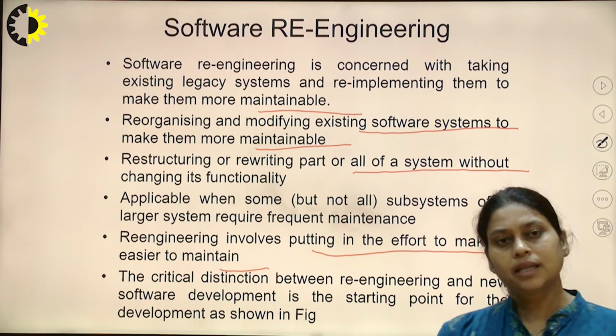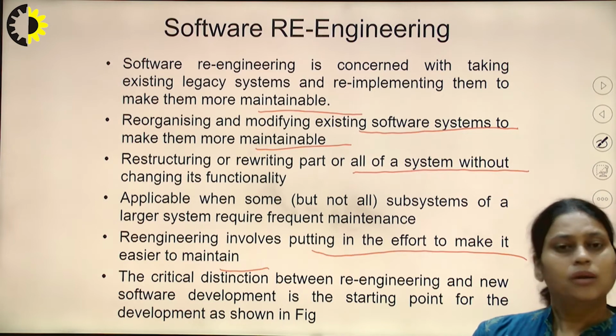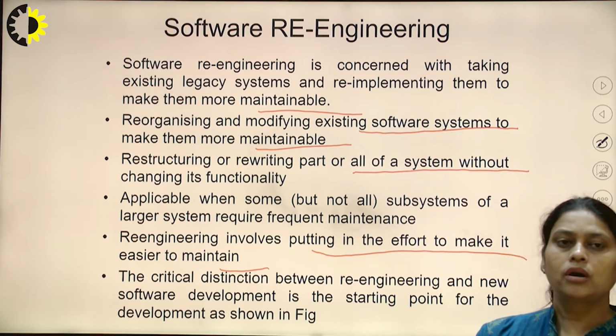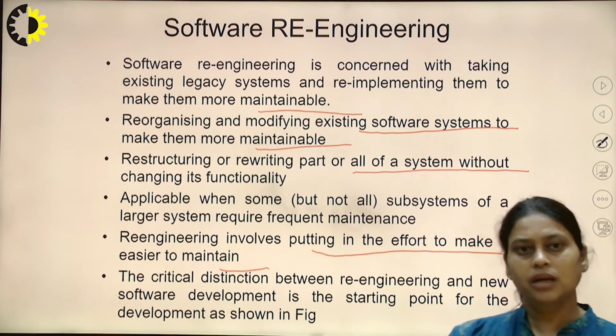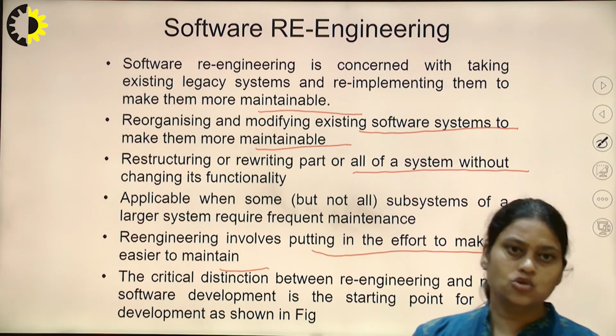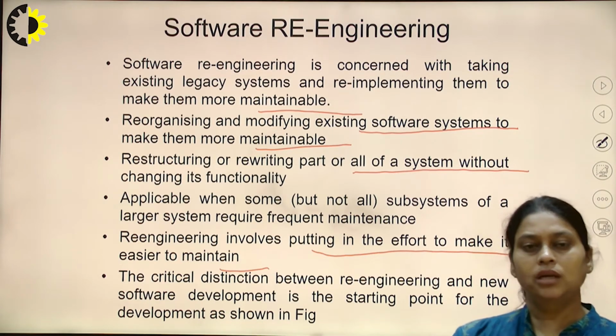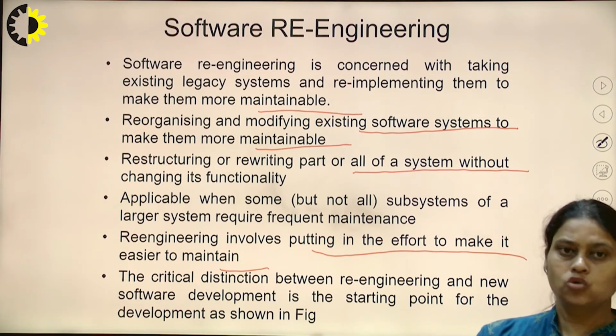So we can say that re-engineering or reverse engineering is only applied in the maintenance phase, for existing software, and software engineering is applied for the implementation of new software.